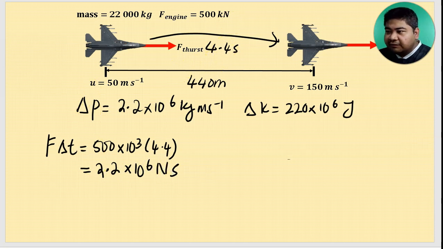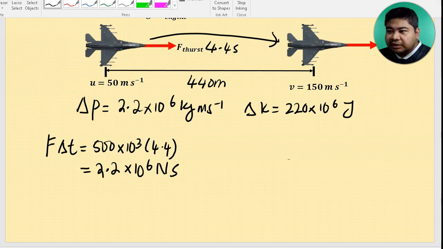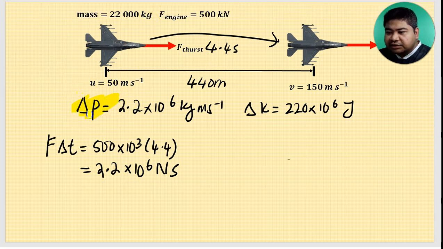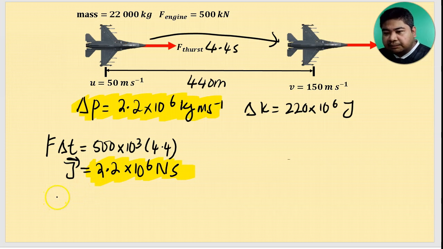If you look, the value is the same as the change in the momentum of the object. The value that you calculate here is the impulse of the aircraft. Alright, so this verifies the impulse momentum theorem.